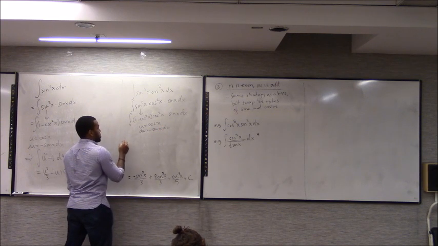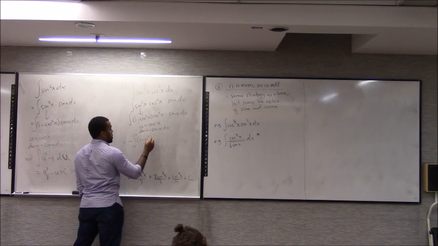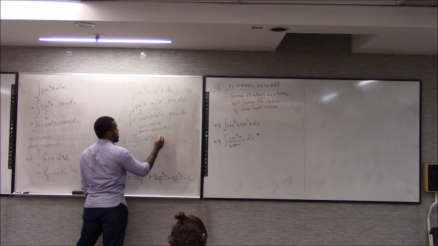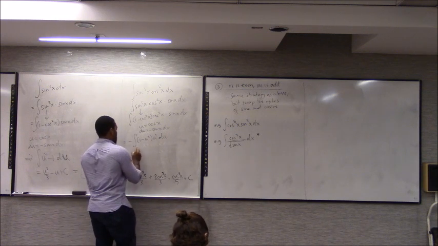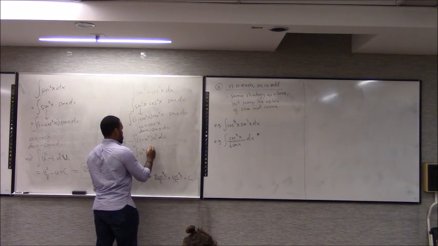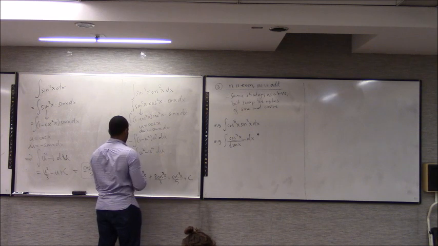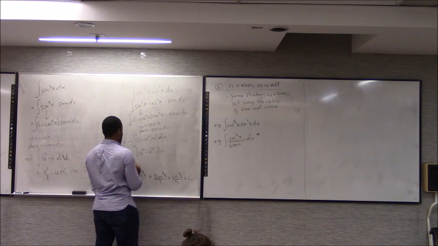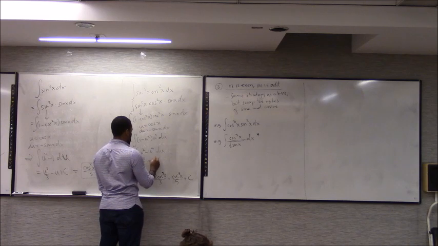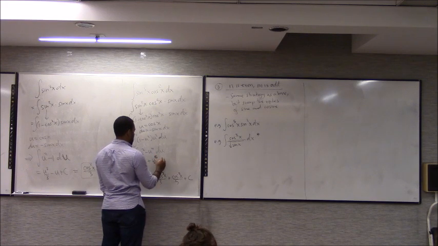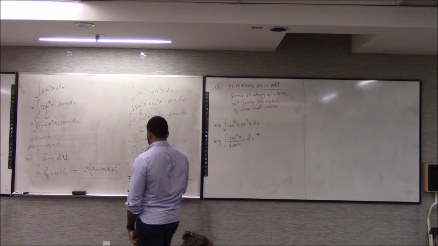And so we're going to get a minus 1 minus u squared times u squared du. Multiply this out, this is u squared minus u to the fourth du. And so this is going to be minus u cubed over 3 plus u to the fifth over 5 plus c.